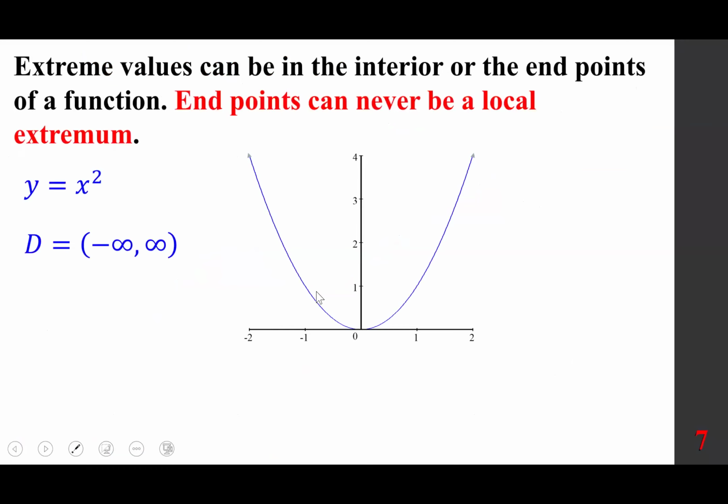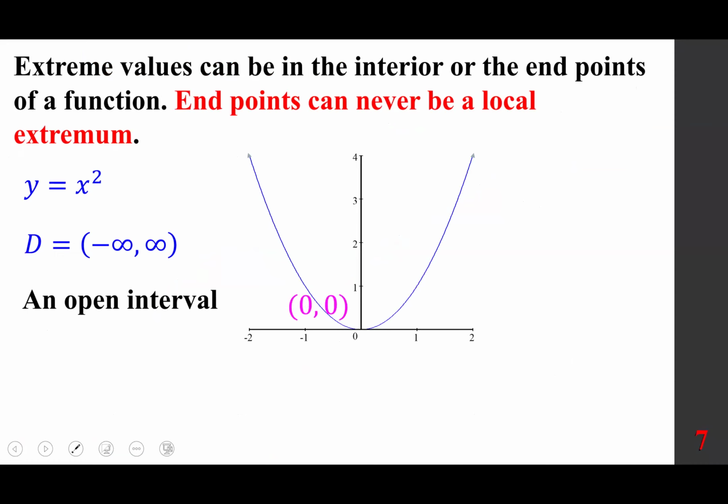Let's look at a very simple function everybody is familiar with, and that is y equals x squared. The domain is all real numbers from negative to positive infinity. This is an open interval. Zero, zero.